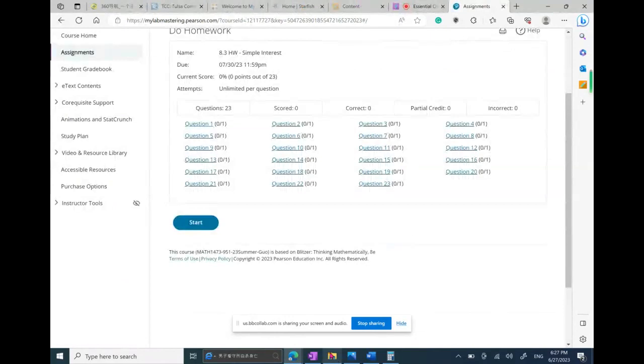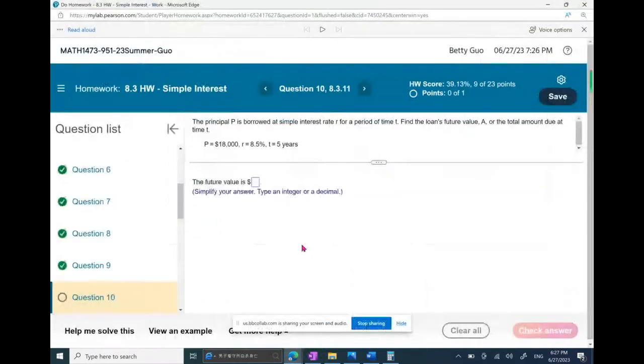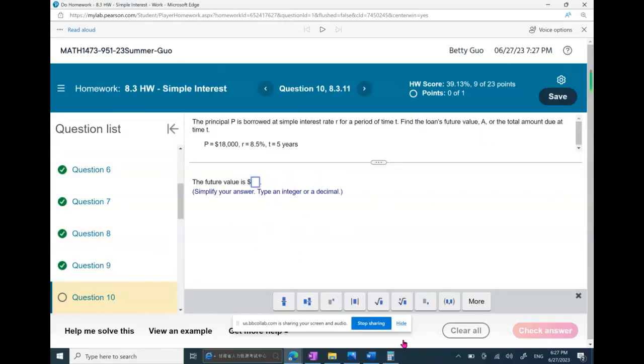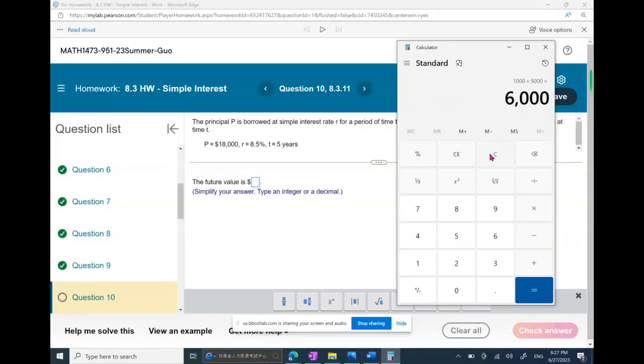Question number 10. We are going to find the loan's future value A. Same idea as earlier. We find the simple interest and add it to the principal.